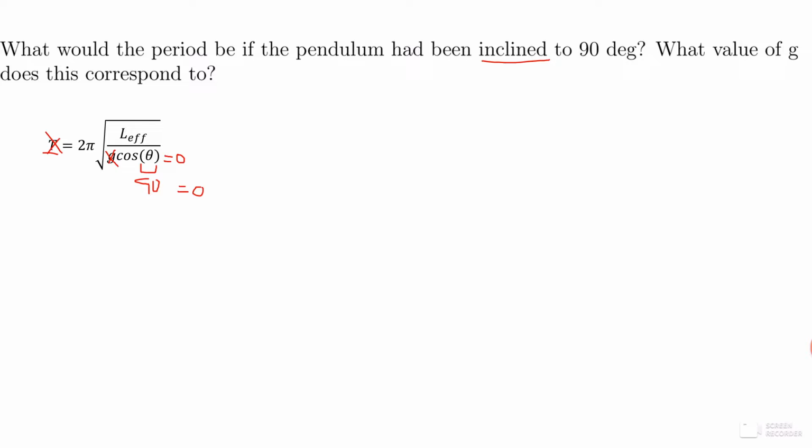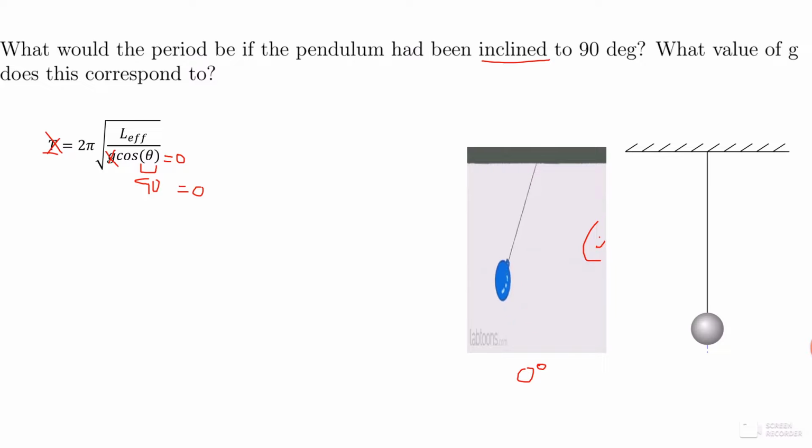Why is this? Well, we can remember what theta means. Remember when we see a simple pendulum from the front, from parallel to the screen, here it's 0 degrees. But if we look at it from the side, which will be 90 degrees, we will see something like this. In reality, because of the third dimension, it will look like it's going up and down a little bit, but what we care about here is the left and right movement.